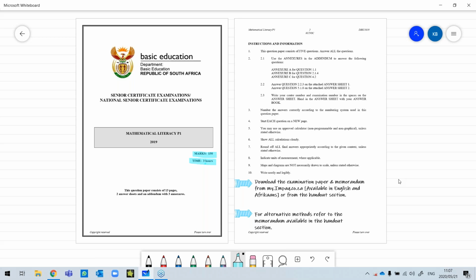So these are all the past papers from Impact. You can download all of them from myimpact.co.za, and you can download today's DBE paper and memo from the handout box. For alternative methods, refer to the memorandum available in the handout section. Please note that some of the calculations, or some of the questions, in today's discussion have multiple possible solutions and different ways of obtaining a solution, so please refer to the memorandum for those alternative solutions.